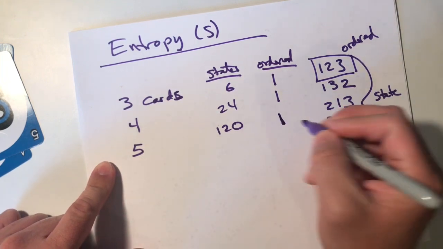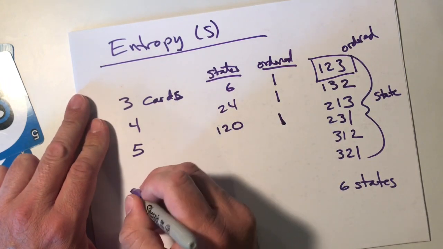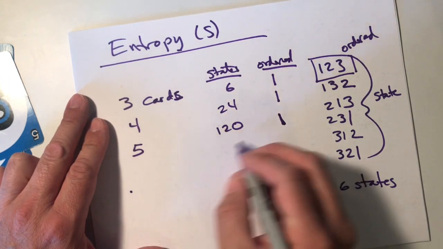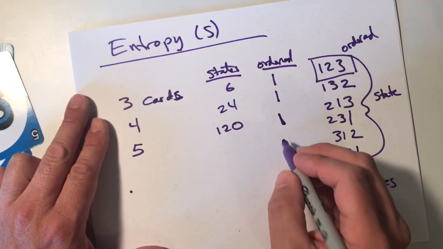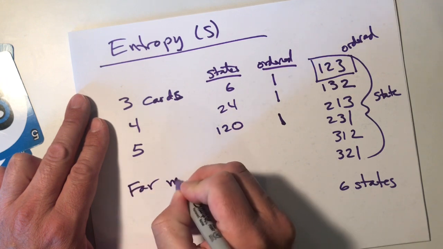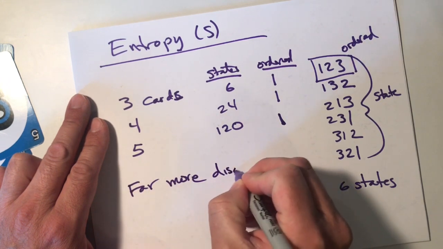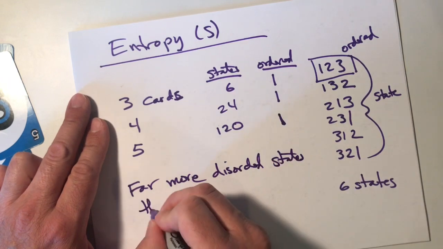And it turns out that most of the time, we are going to find that there are far more disordered states than there are ordered states.